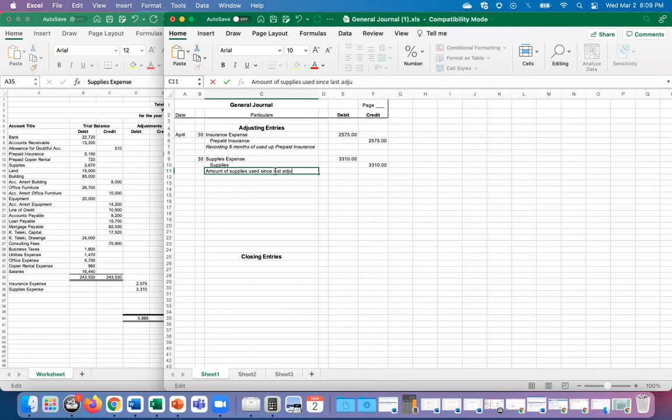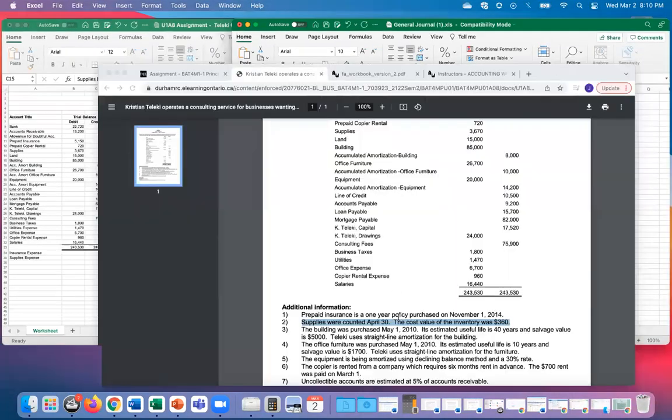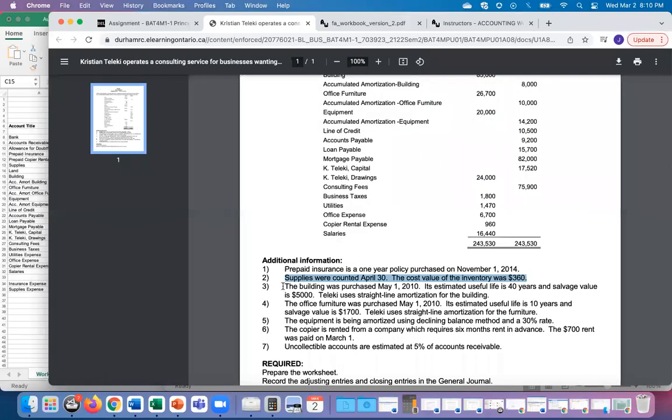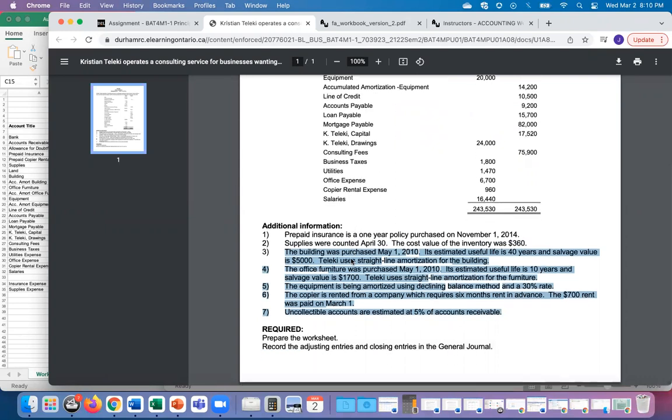I'll put adjustment. Again, the descriptions are not necessarily my strong suit, but anyway. Okay, so that's there. And then as you guys do your transaction and load them into the worksheet, for the rest of these transactions, you can then do the adjusting journal entry for them. So that's how you do that.